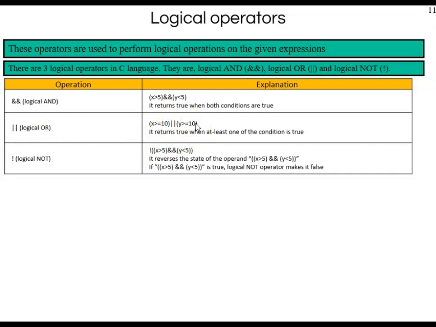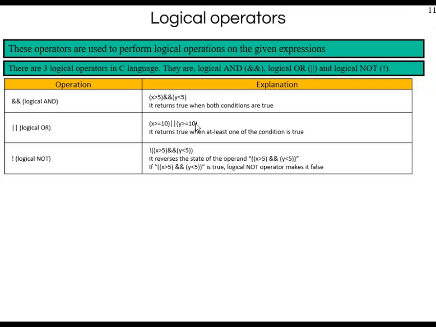In this case, if x is greater than or equal to 10, then it doesn't even check the value of y. When one condition is true, the statement is true, and then it returns 1. If x is 5 and y is 11, still it will return true or a value of 1.